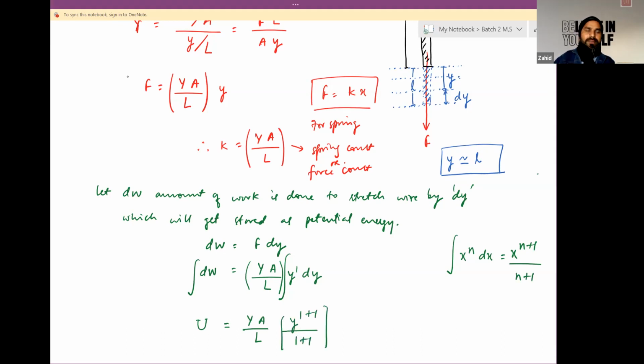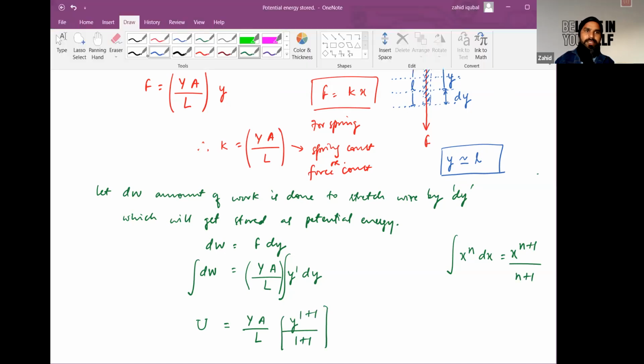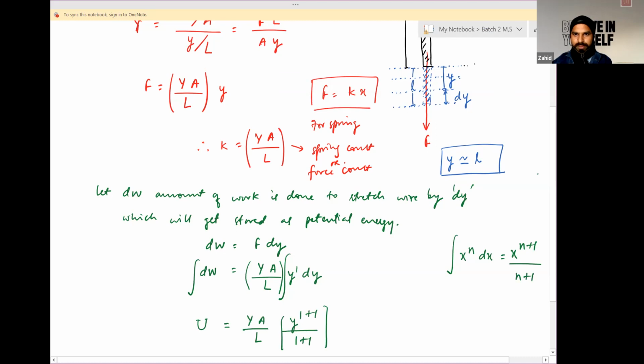And the limit: since extension in this wire is from y equals 0 to y equals L, the limit will be from 0 to L.